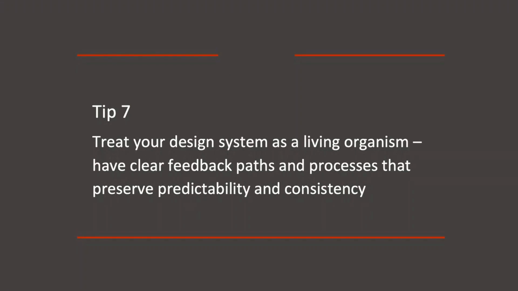And lastly, tip 7, treat your design system as a living organism. Have clear feedback paths and processes that preserve predictability and consistency. A lot of the design systems online have beautiful, even public feedback systems. So this is our gov.au design system where you can comment or go on GitHub and log an issue, which is really nice.